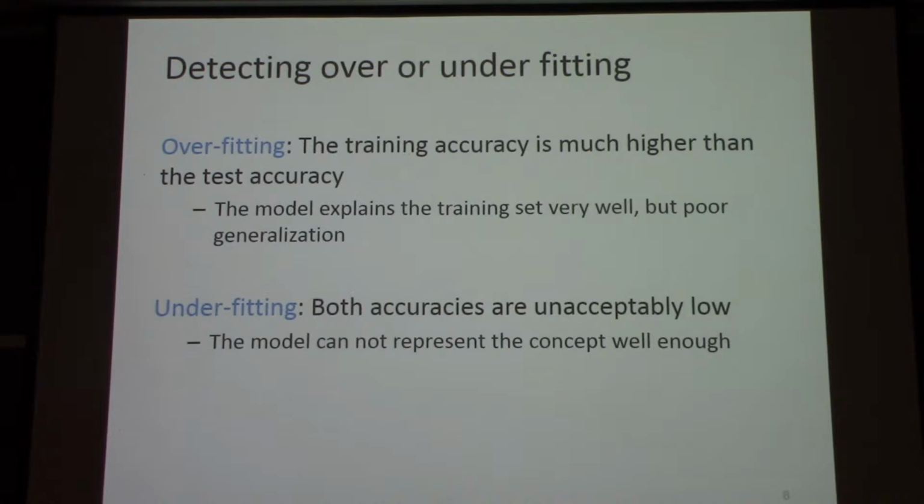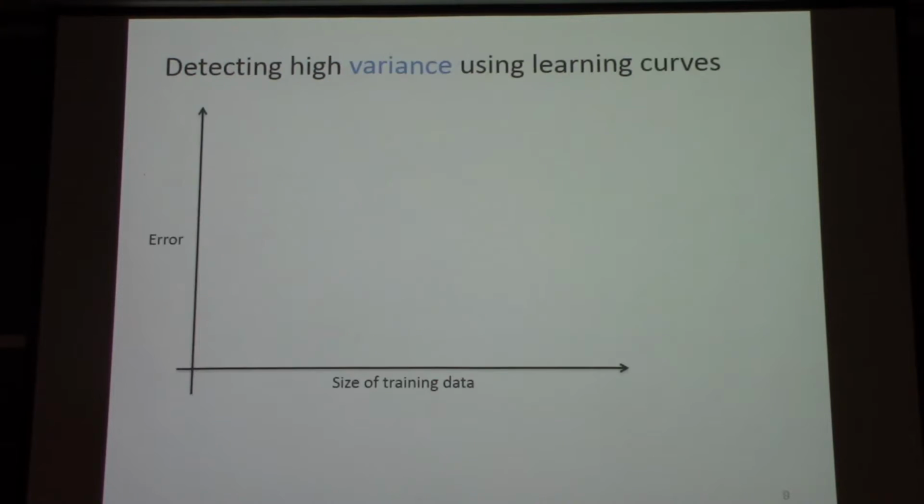One way of diagnosing overfitting and underfitting is to plot something called the learning curve. Very related to overfitting and underfitting are bias and variance. I'm going to use the language of bias and variance. So you vary the size as you train multiple models for different training sizes, and you can plot the training error.